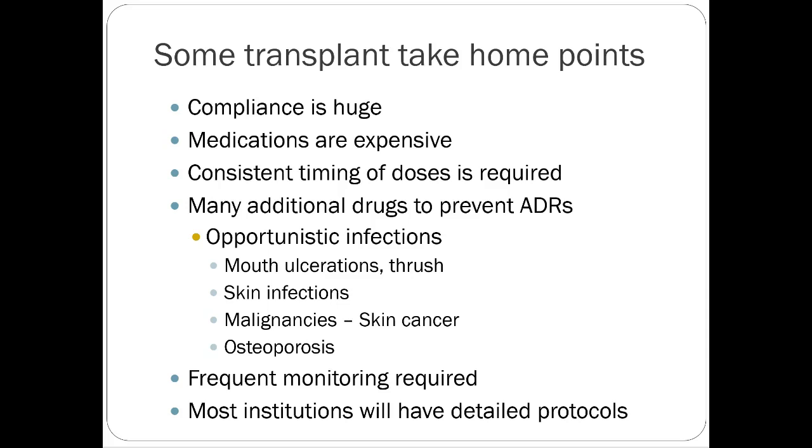You might have other drugs to prevent adverse drug reactions. So things like opportunistic infections are common with people on chronic immunosuppressive regimens. Mouth ulcerations, thrush, skin infections, malignancies, skin cancers can crop up, osteoporosis. Things like nystatin, which is a topical antifungal that you can use as a mouthwash, can be helpful.